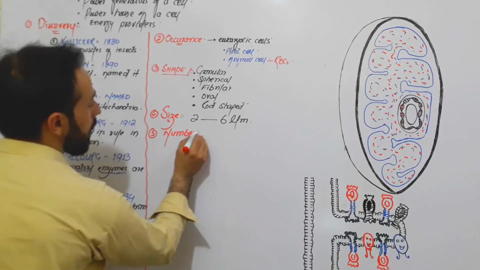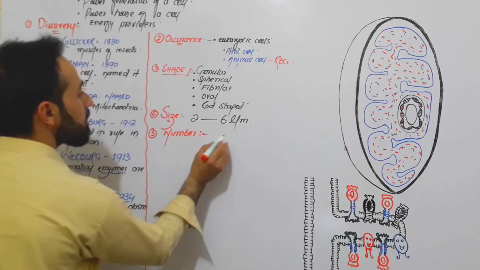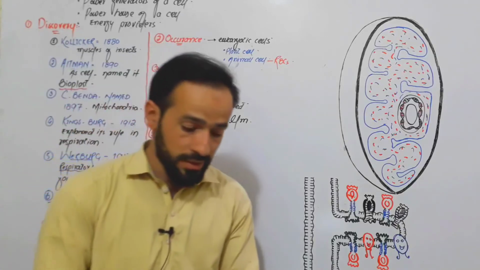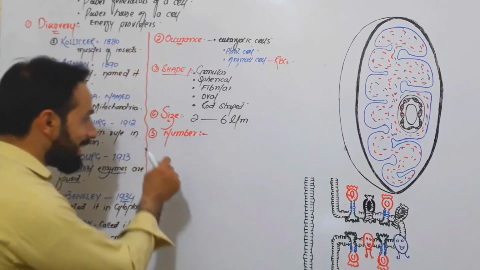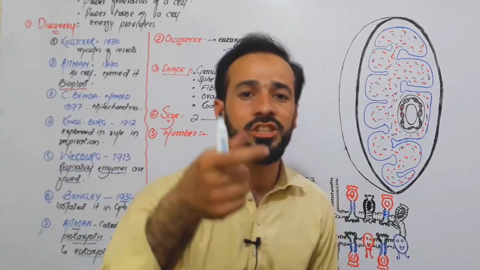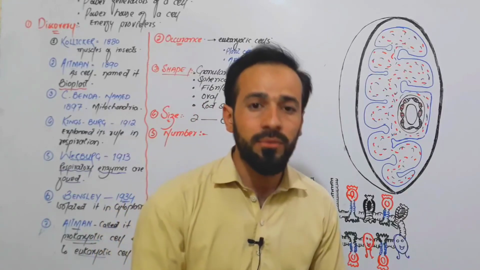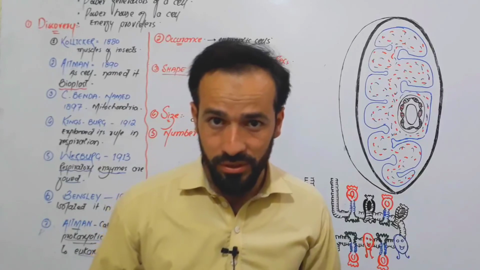Now what is the number of mitochondria? Number means how many mitochondria can be present in a cell. How many mitochondria can a eukaryotic cell have? Dear friends, its number is also dependent upon the energy demand of the cell. If the cell wants more energy, there will be lots of mitochondria in the cell.